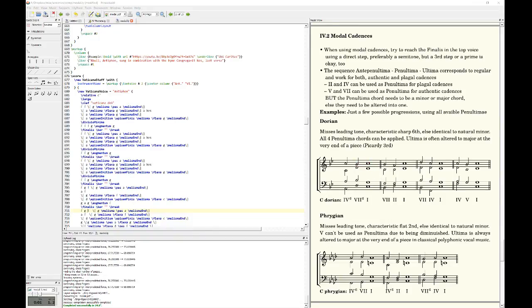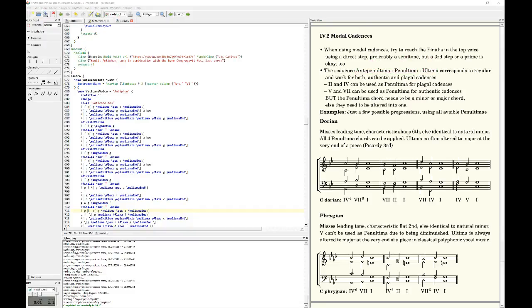And the construction of antepenultima to penultima to ultima is very reminiscent of what a modern cadence would probably sound like. So if we have, for example, a 2-5-1 construction, that would translate really well into antepenultima to penultima to ultima.